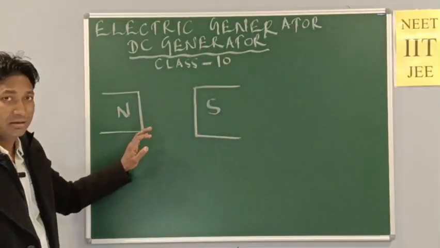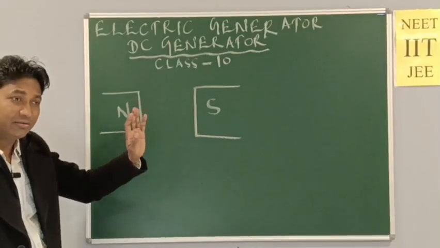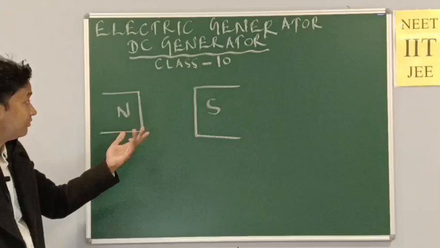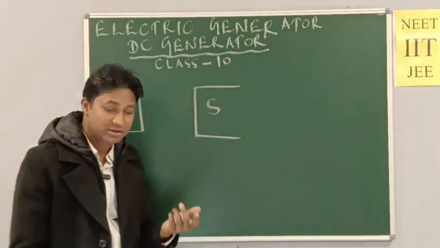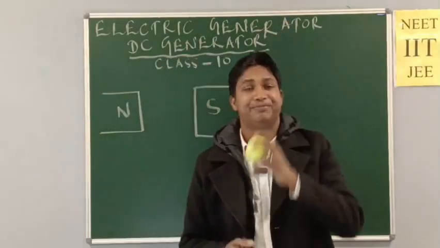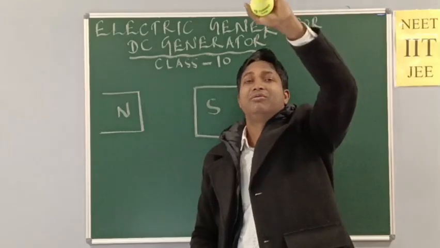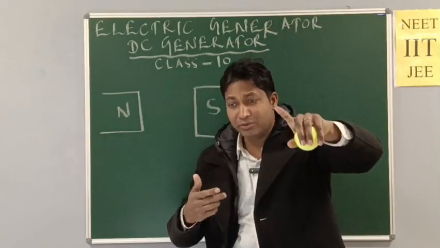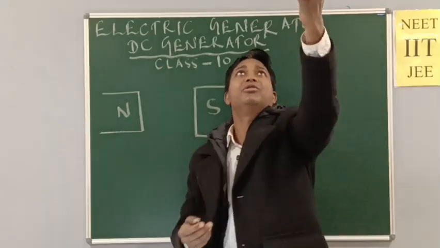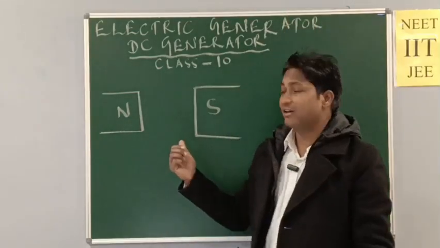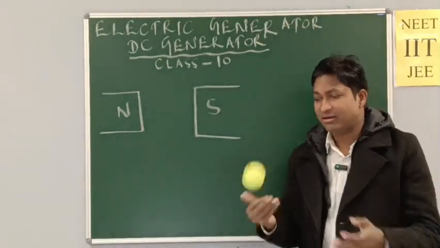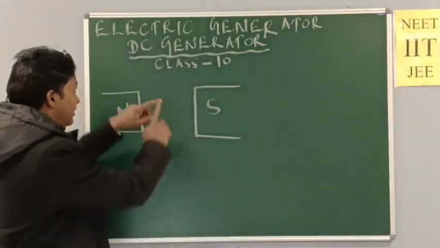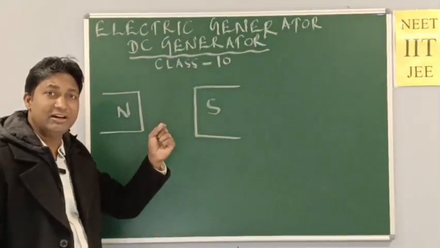Then why do we select a magnet? Why are we taking a magnet here? If someone asks, please reply. What will you reply? It is very important. I make the figure here with a magnet because we need a magnetic field in this space, in this area.